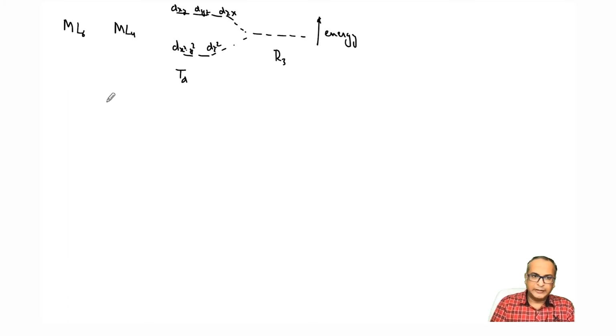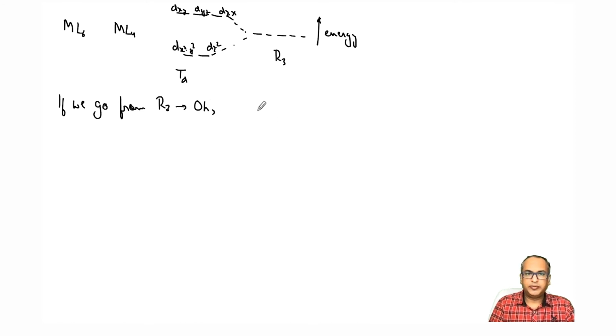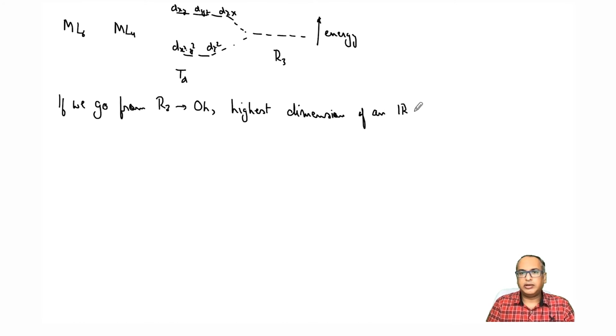So let us see that if we go from R3 to OH, the highest dimension of an IR in the OH point group is 3, right?